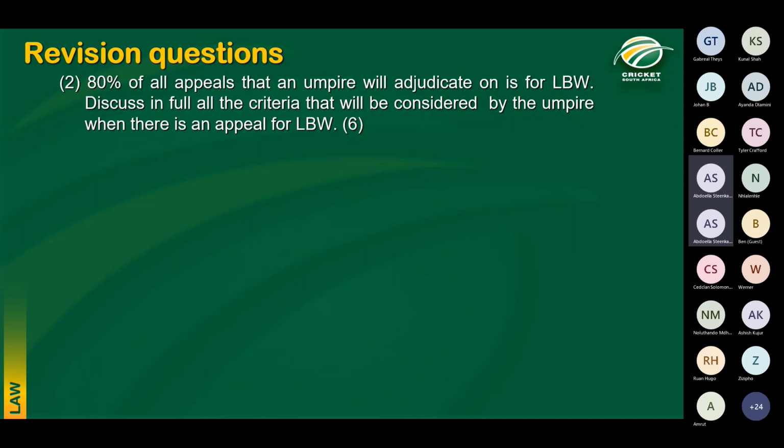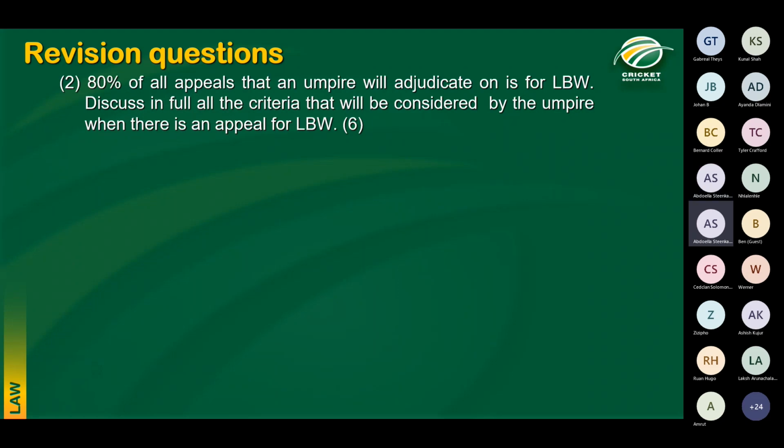I'm going to take one each. The first hand that I see is Lux. If you can unmute yourself and give me the first of the points that you need to consider. The first one would be the bowler bowls a ball which is not a no ball. Well done.